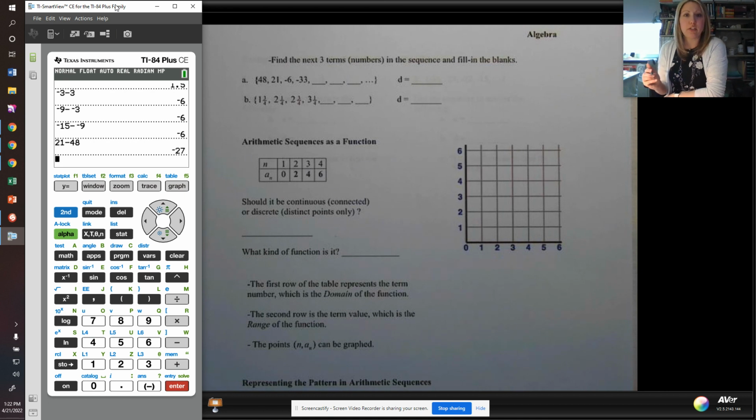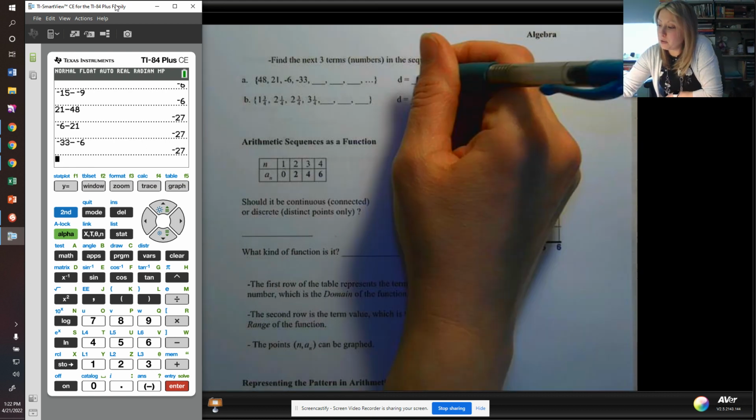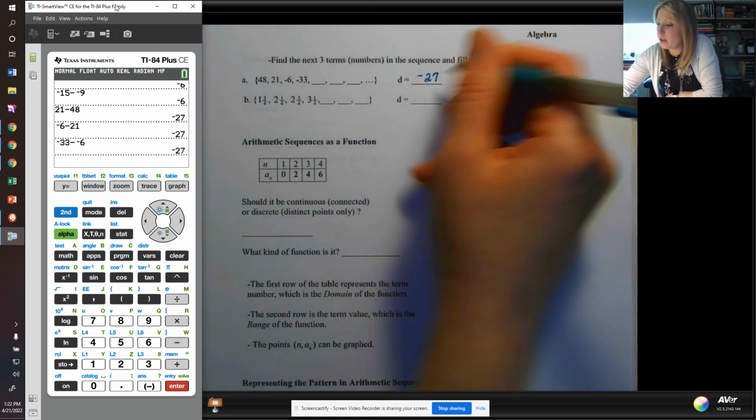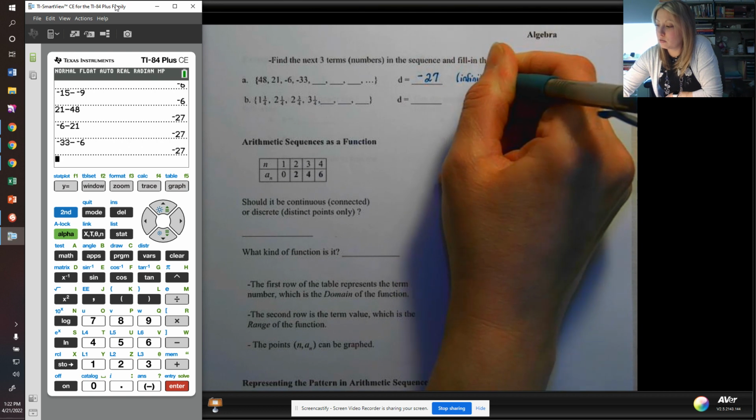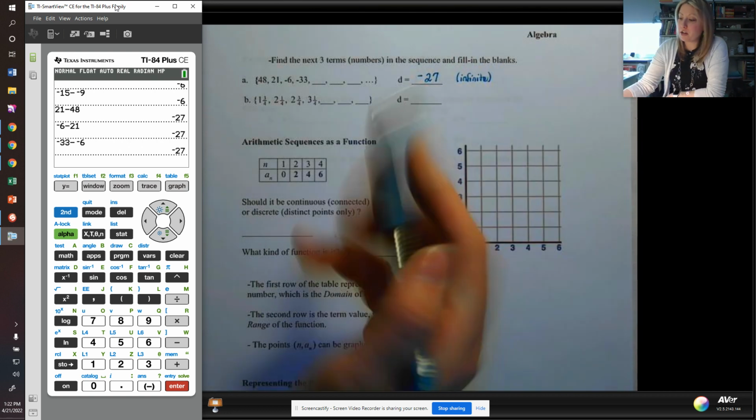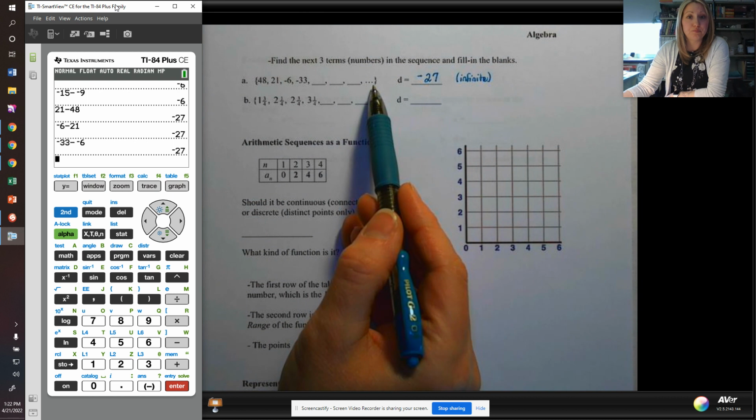Okay, -27. -6 minus 21, -27. Minus -6 is -27. So there's my common difference. It is an infinite sequence, and I know that because I've got this dot, dot, dot here.